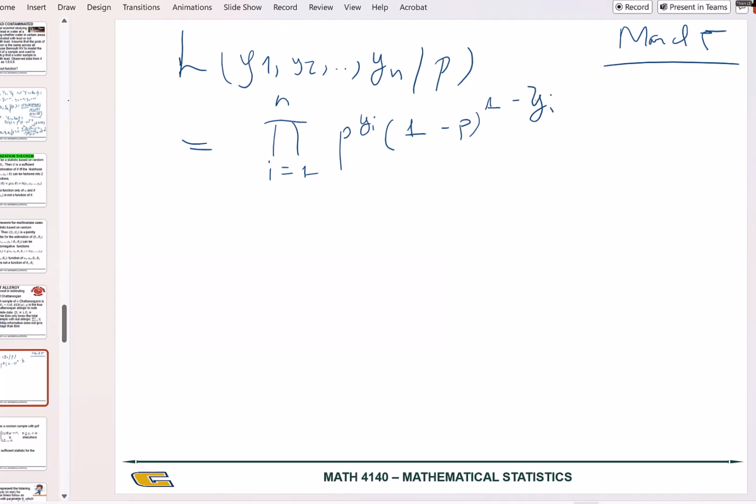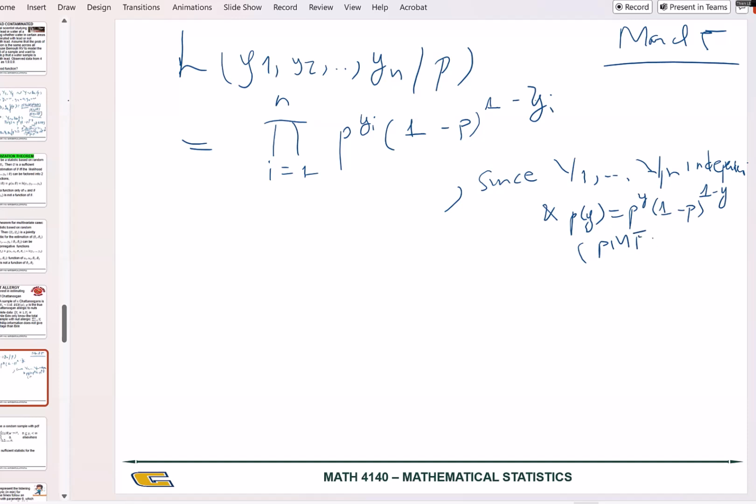Recall that since y1 to yn are independent observations, and the PMF of the Bernoulli p is p to the y times 1 minus p to the 1 minus y.